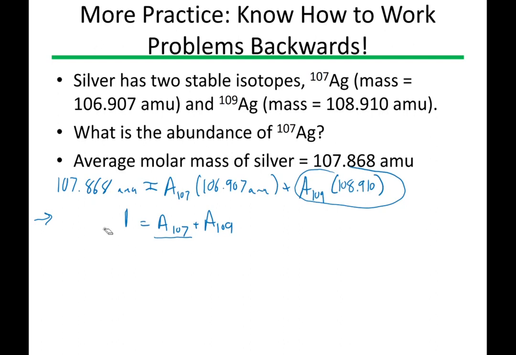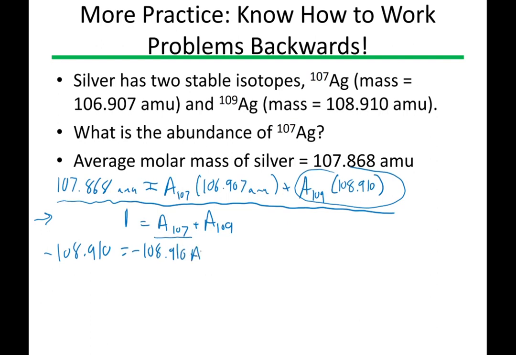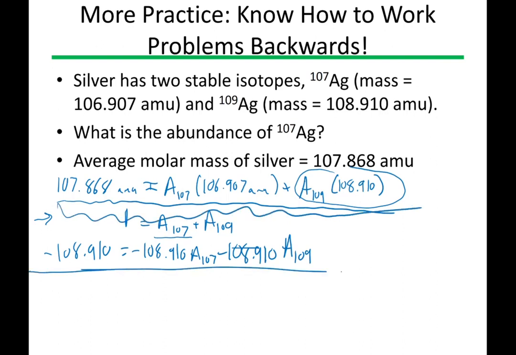And so what we get after that step is 1 times negative 108.910 is equal to negative 108.910 A107 minus 108.910 A109.